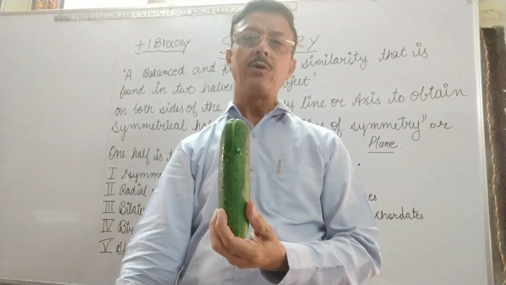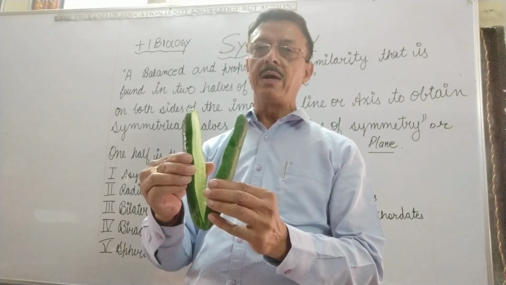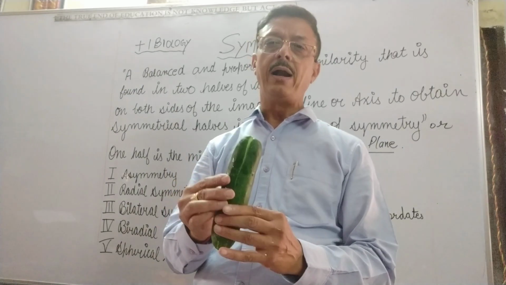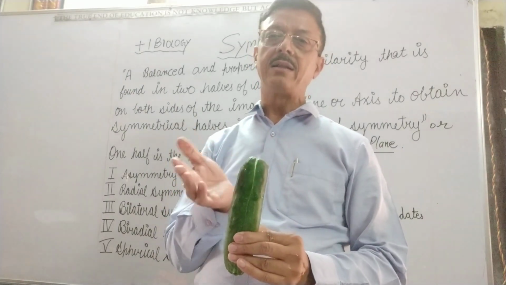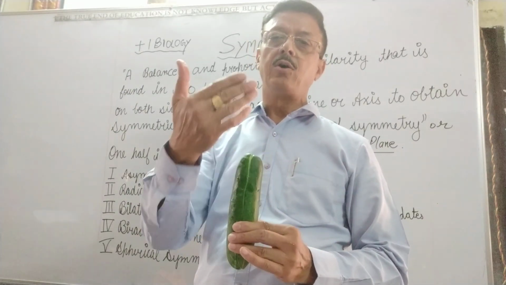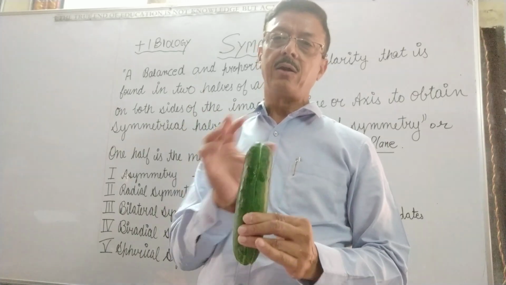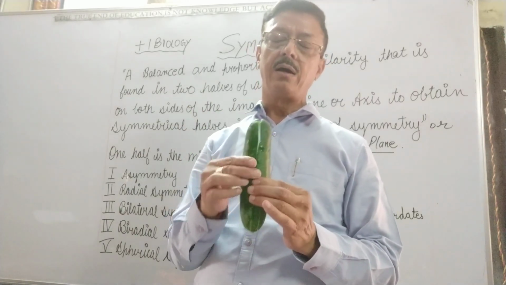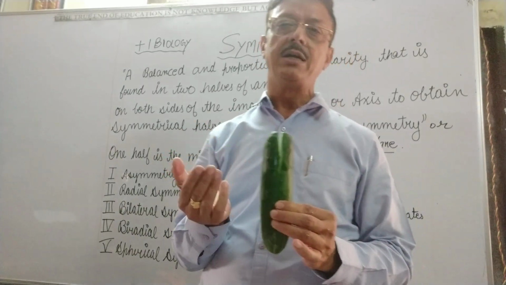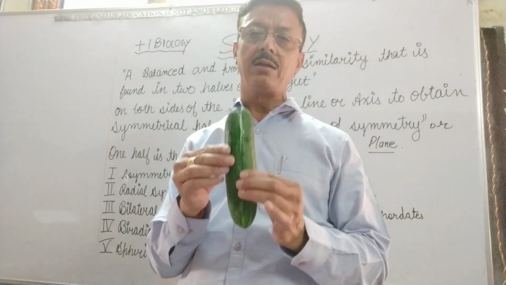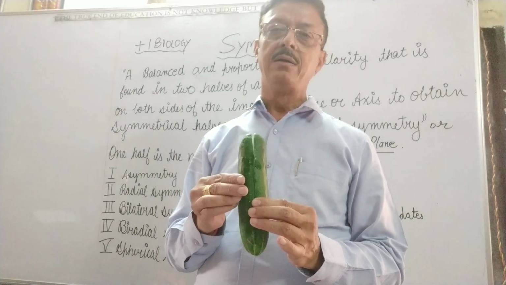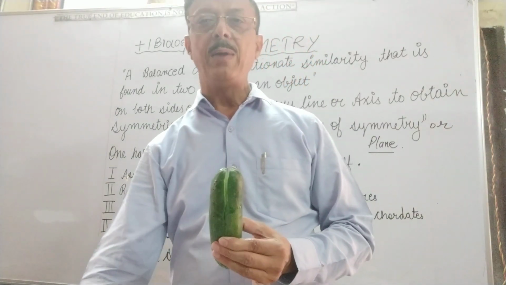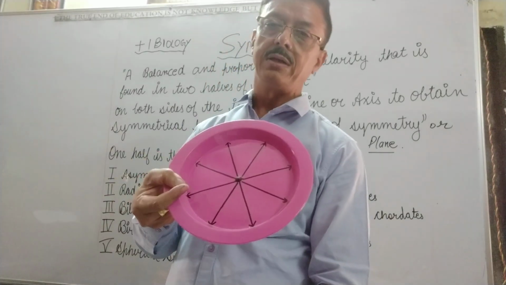We will get two equal halves, which will be the mirror image of each other. But the main point is that here we cannot get the left and right part or dorsal part or ventral part. All the pieces are equal. There is no left or right differentiation or dorsal or ventral differentiation in this radial symmetry. But we get equal halves, and we can cut it in any plane.